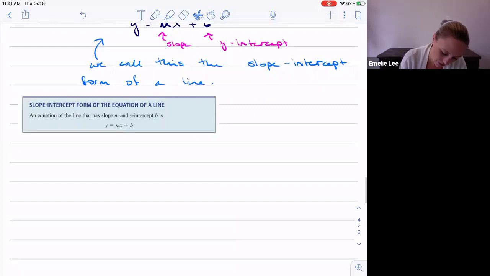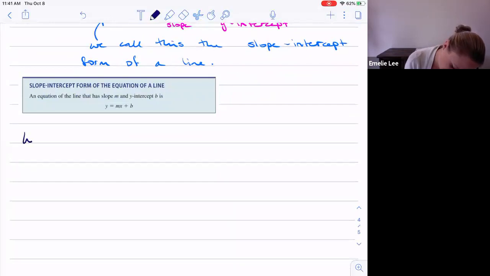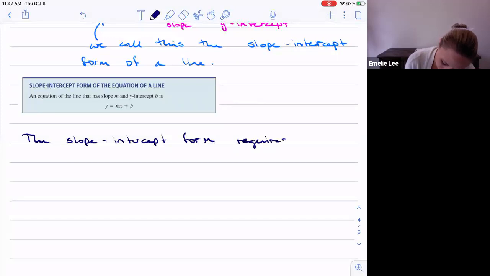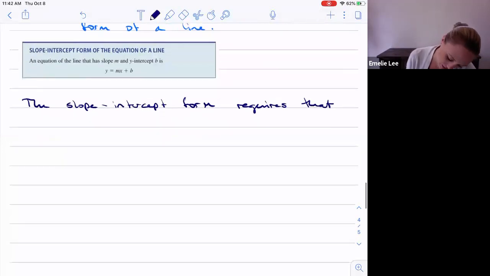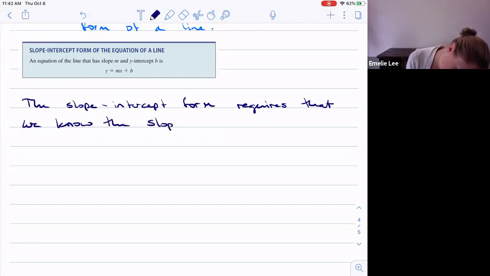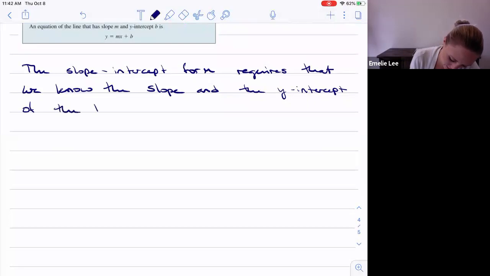The other way is to use the point-slope form of a line. The slope-intercept form requires that we know the slope and the y-intercept of the line.